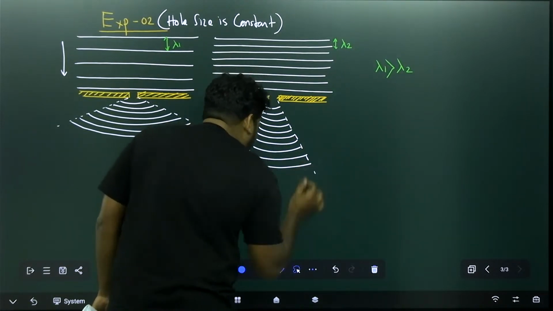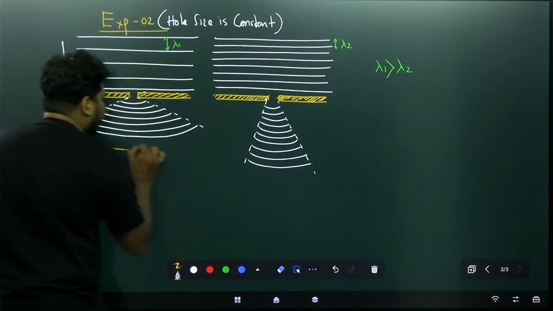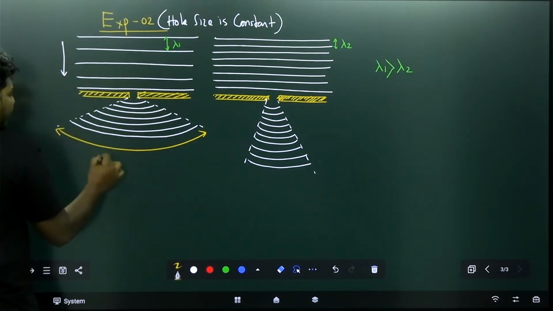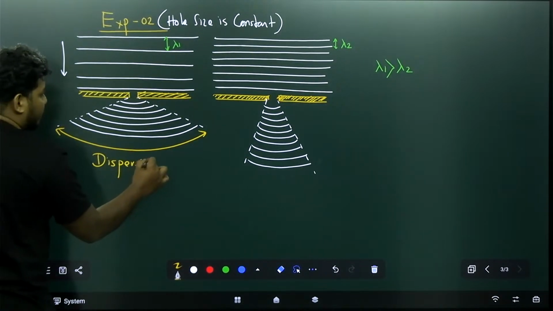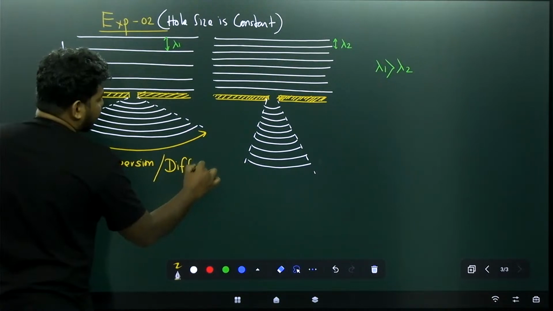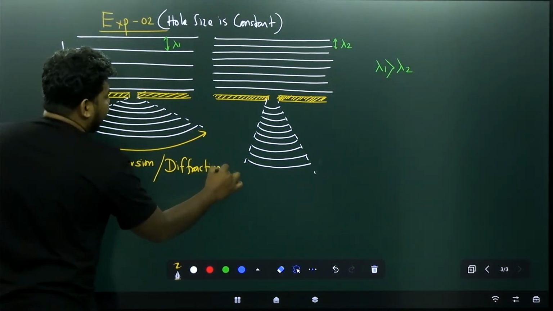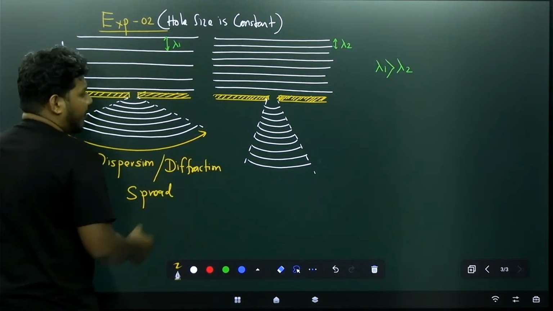So this is known by what? This is the dispersion. We can say diffraction as well, or spread.